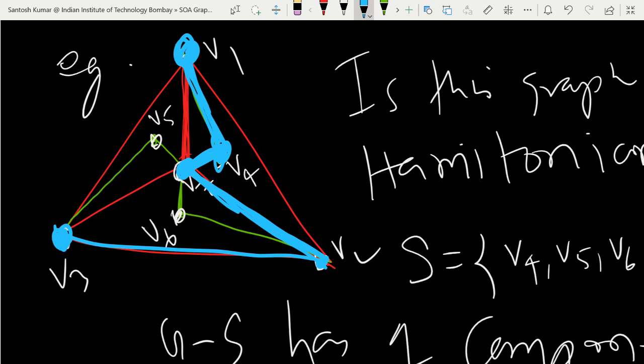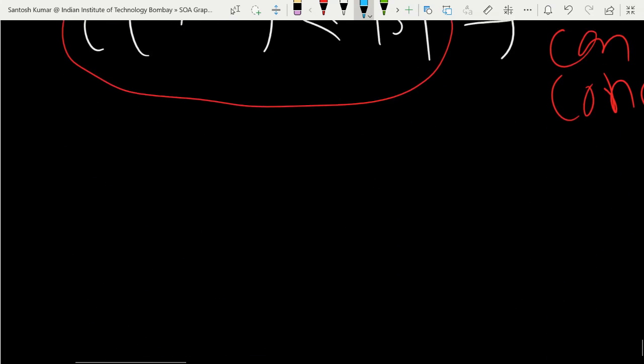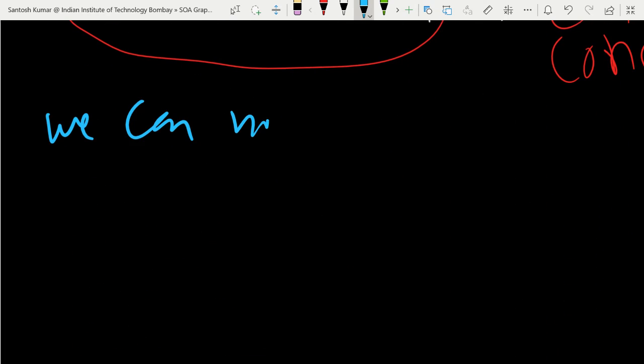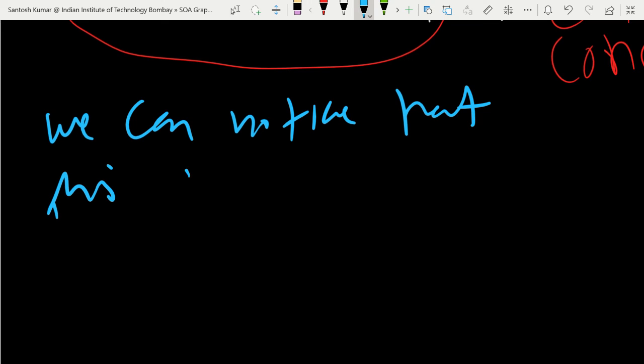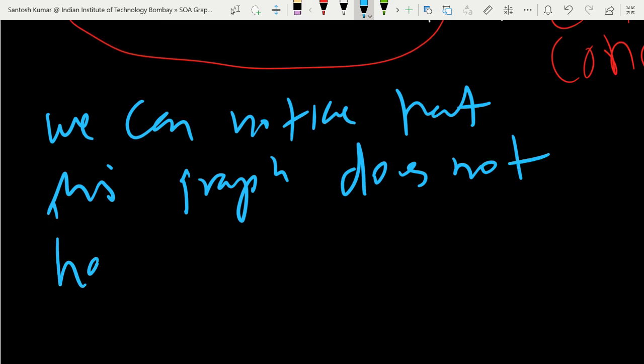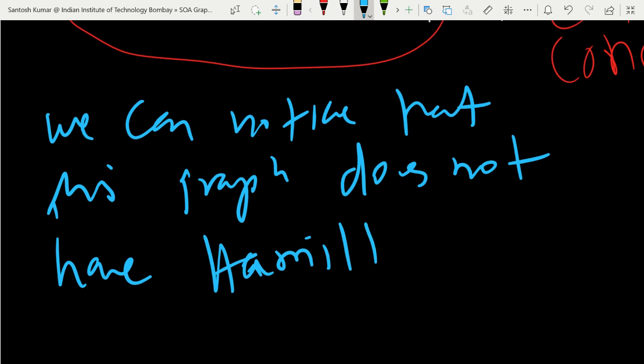So after this you may go to V5, then you have to be back to V7 to go to V6. And how will you return to V1 without repeating a vertex? So simply, we can notice that this graph does not have a Hamiltonian cycle or spanning cycle.